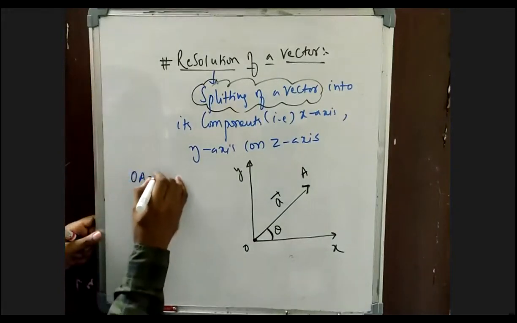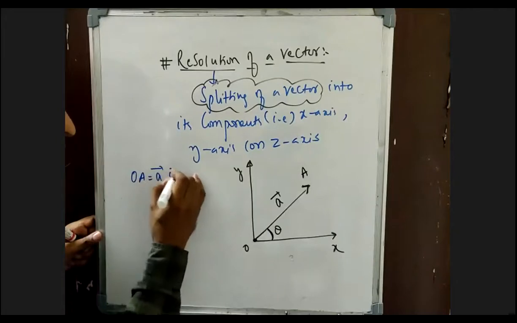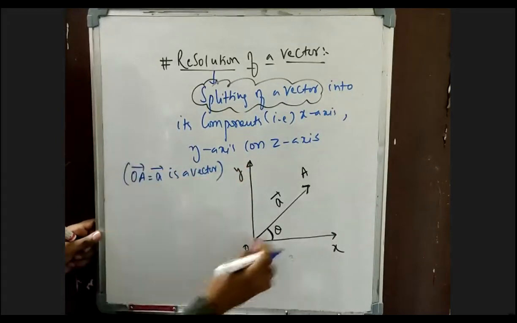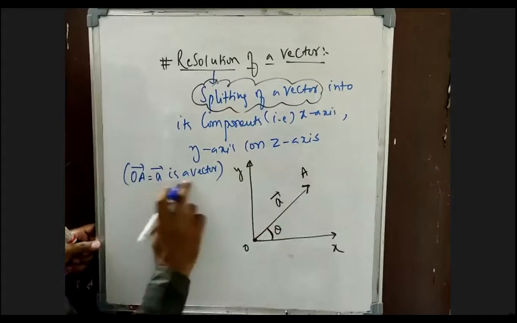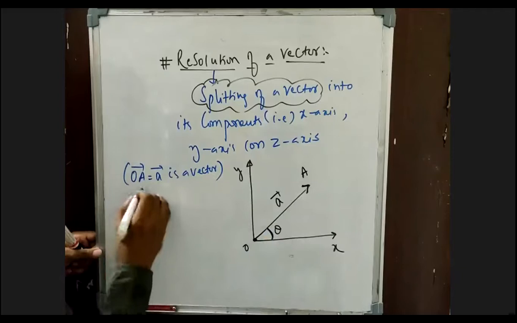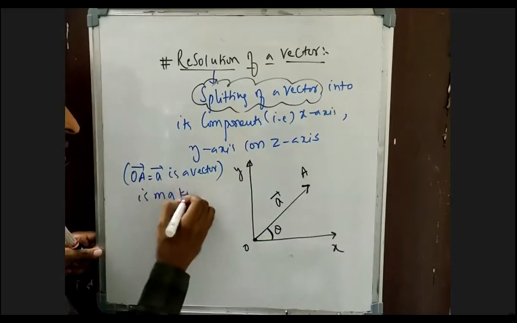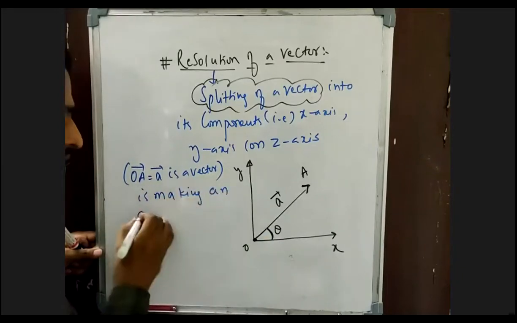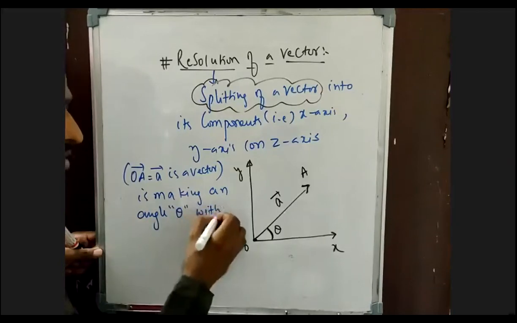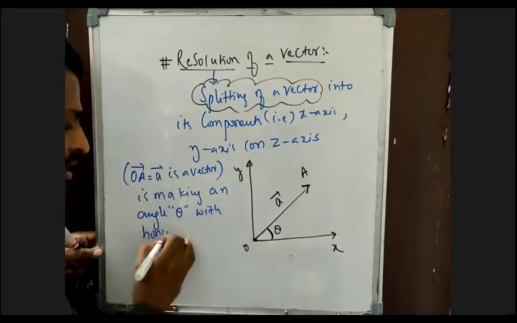OA is nothing but A bar, a vector quantity, making an angle theta with the horizontal.